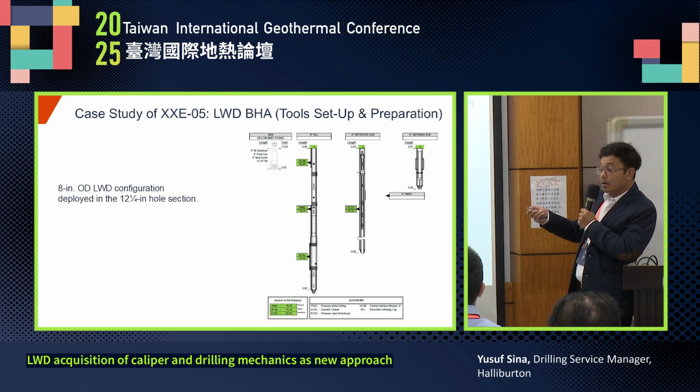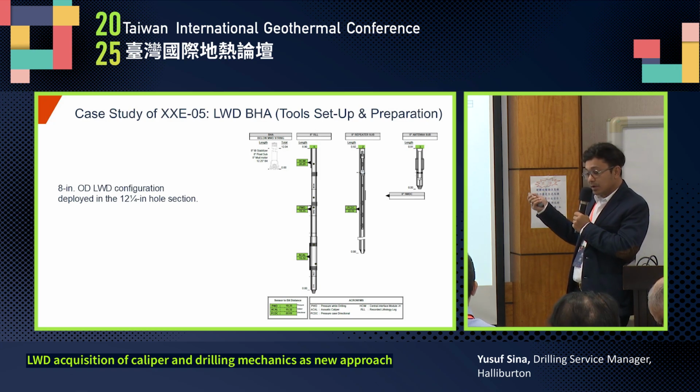On top of our motor and stabilizer, we have the acoustic caliper collar, which we call ACAL, and then PWD, which stands for pressure while drilling, and then the ADSIM, our processor. On top of that, we have our PCDC or directional sensor, and on top of that, the EM antenna sub, which is part of the EM telemetry.